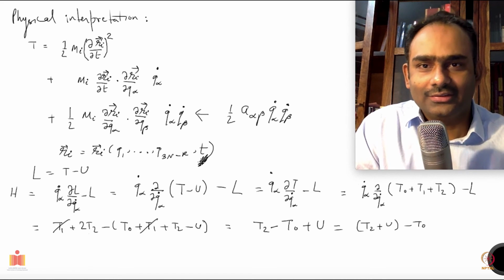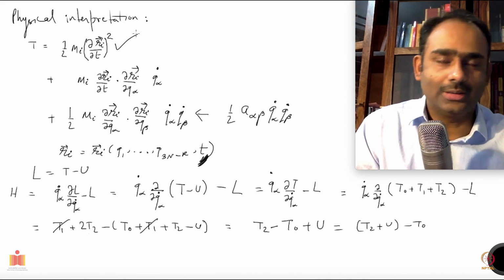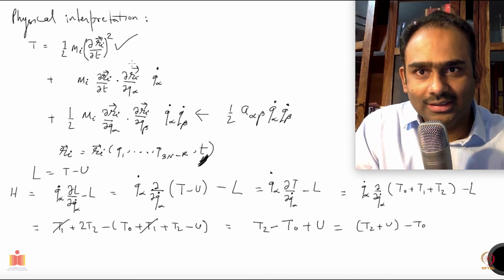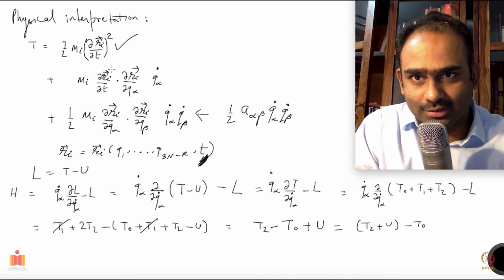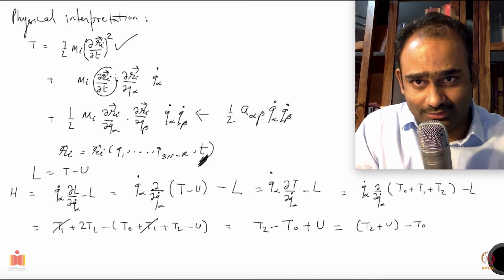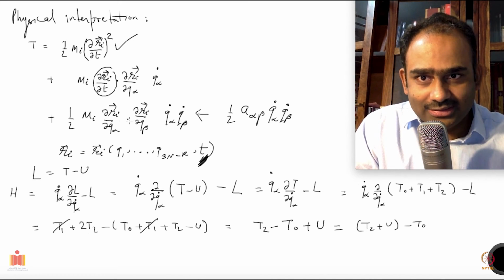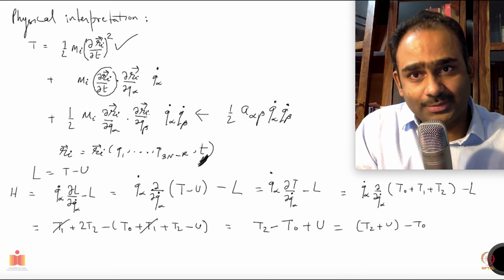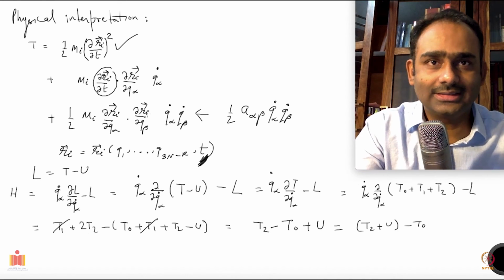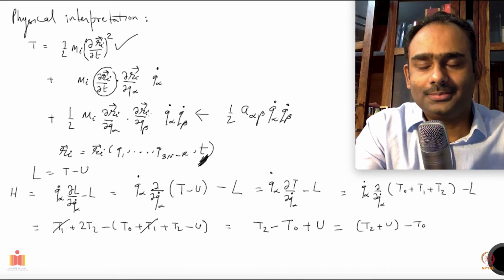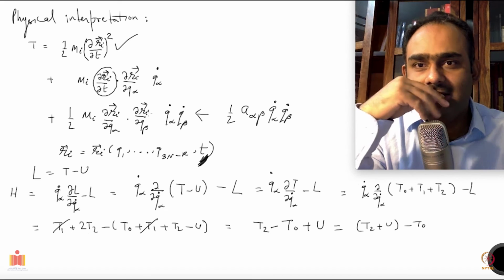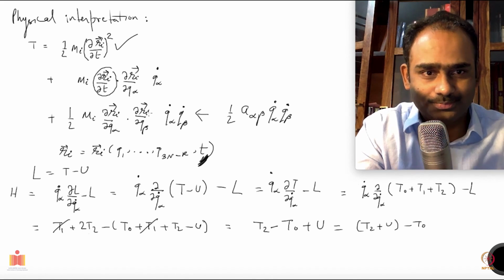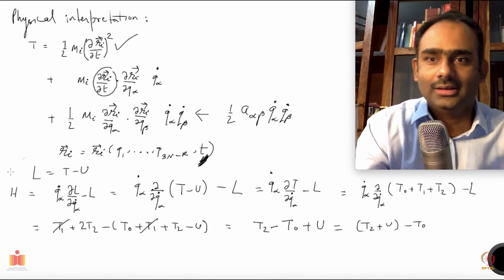Okay, if that time dependence is not there, then this term will be 0, because it involves partial derivatives with respect to time. And this term will survive. Okay, so in that case, your T will be homogeneous of degree 2.